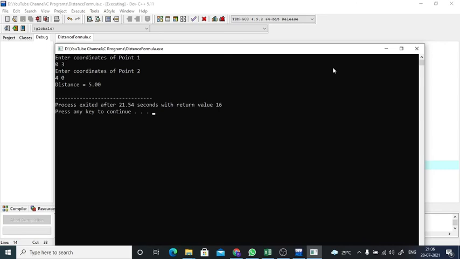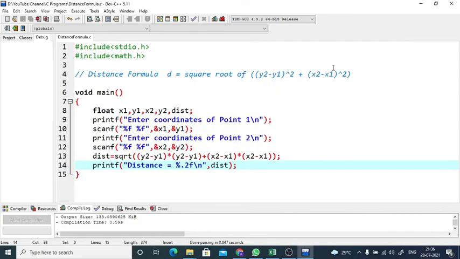Anyways, it's also a simple formula based program, which is accepting the input, applying the formula and generating the output. Only thing is that here we have tried doing something a bit more lengthy, taking 2 coordinates of the first point, then 2 coordinates of the second point, applying the distance formula, and we have used a math function. So this is how we can implement the distance formula to find the distance between 2 points.